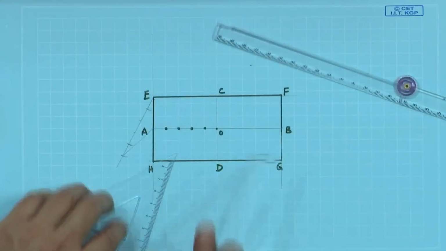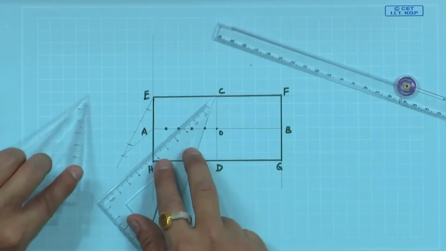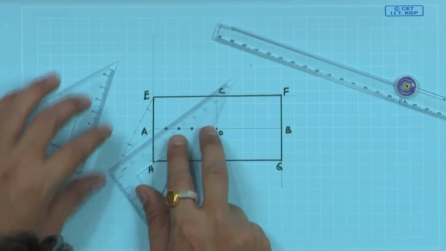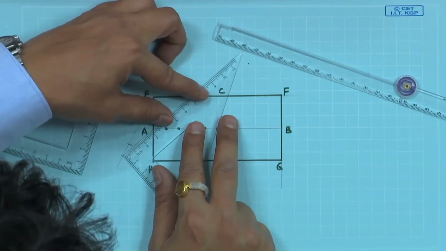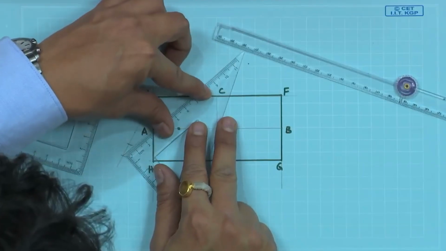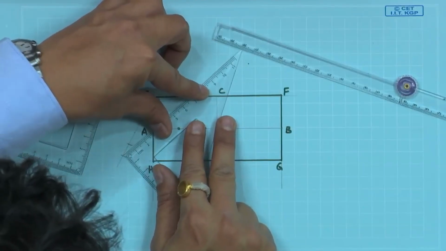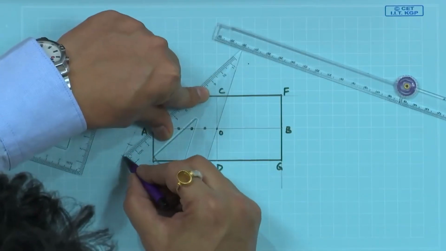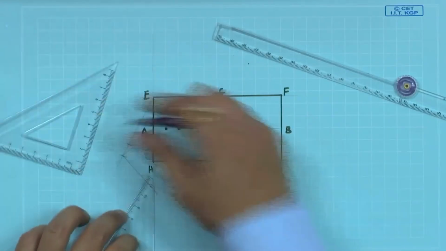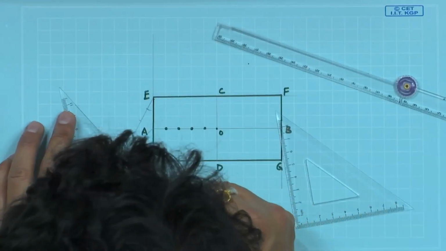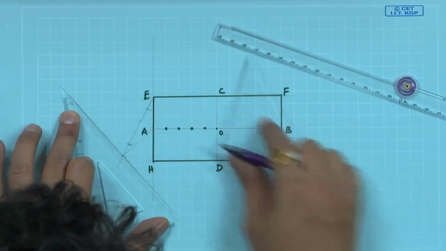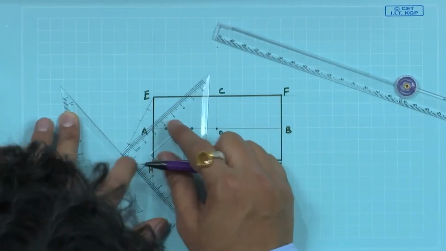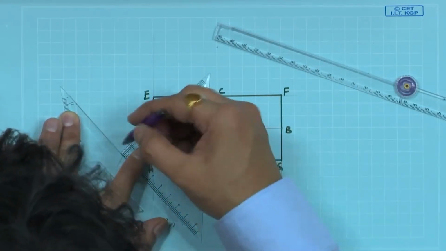So, to go parallel to that line, let us draw a normal, so that we will have better support, because we are not using any drafter here. So, it's easy for us to go in this direction.